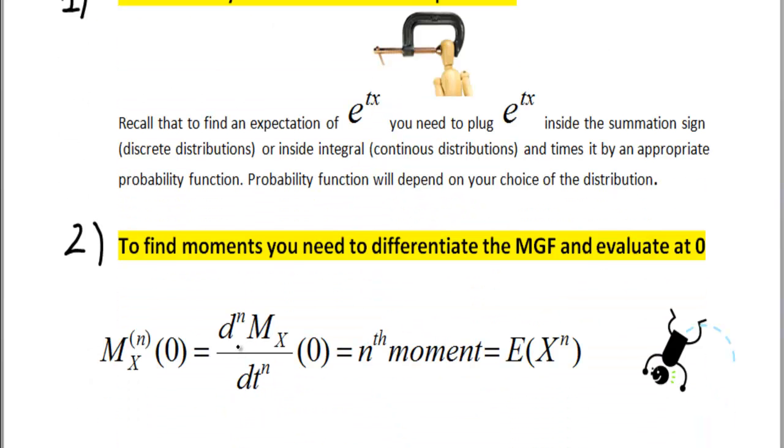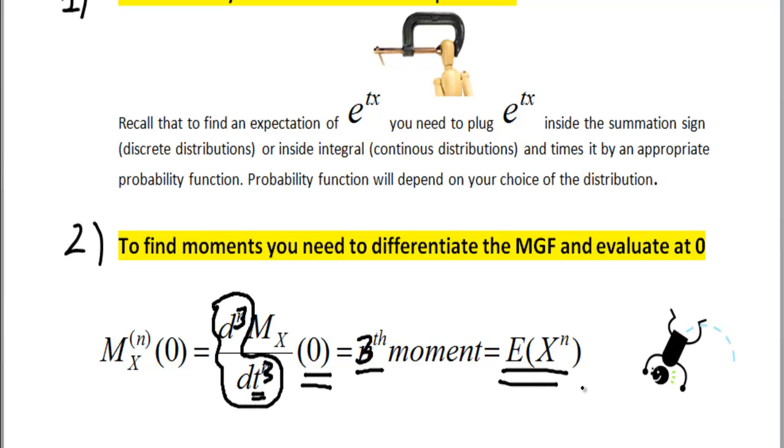Second, once you solve this expectation, i.e. you derived the moment generating function, you have to take the derivative of this moment generating function with respect to t and evaluate this at 0. By doing so, you will recover moments. So say if you wanted a third moment, you would take a third derivative of this moment generating function with respect to t, okay? And this will give you third moment.